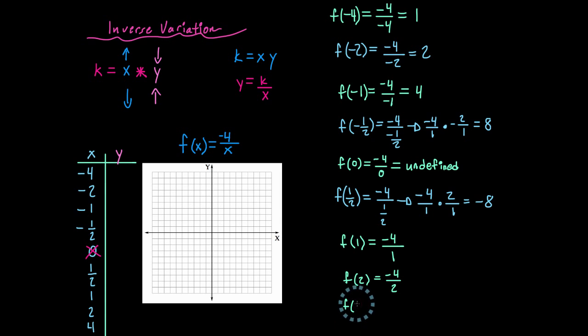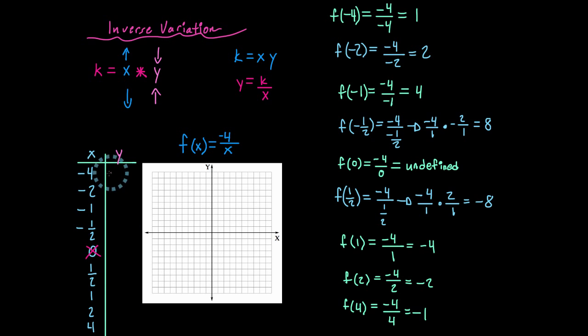F of 4 is equal to negative 4 over 4, and let's figure out what these are equal to. Alright, so negative 4 over 1 is negative 4, negative 4 over 2 is negative 2, and negative 4 over 4 is negative 1. Cool. So now I'm just going to plug these values into the table.